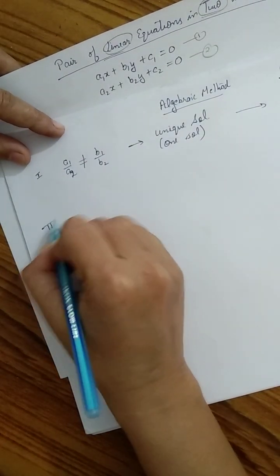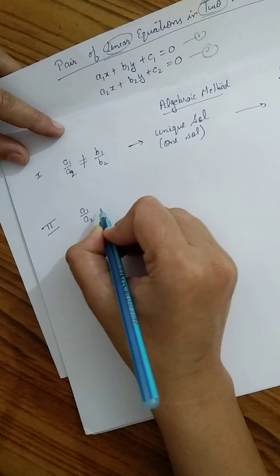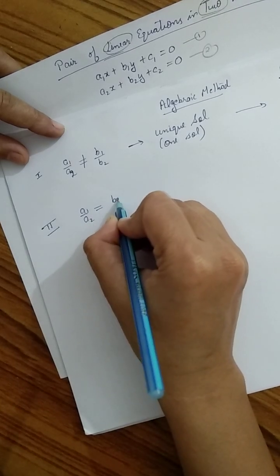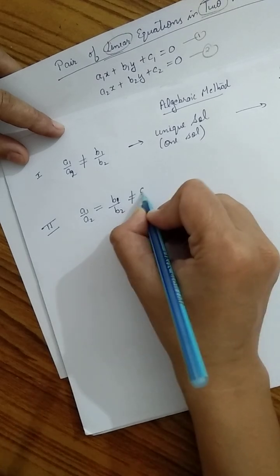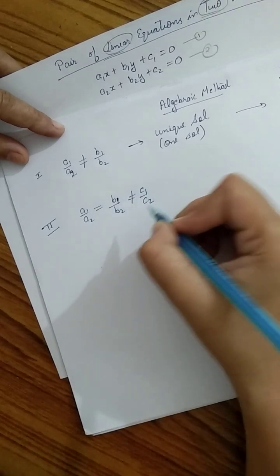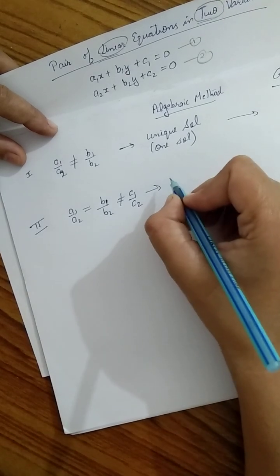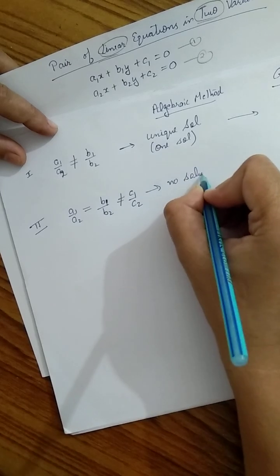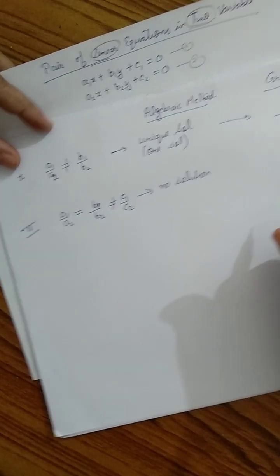Now the second case: if the ratio of the coefficients of x and the ratio of the coefficients of y is equal to each other but not equal to the ratio of the constant terms, then we say that there is no solution. Both equations do not have any solution.